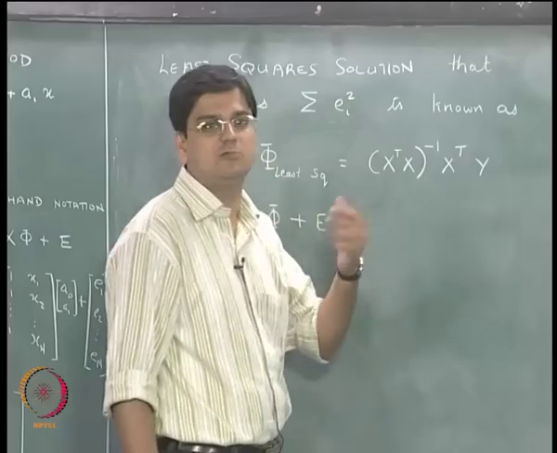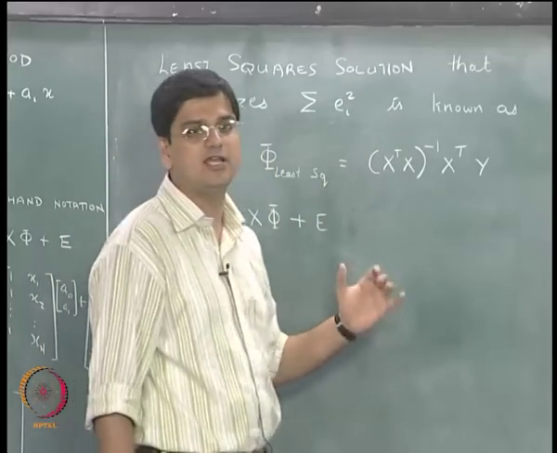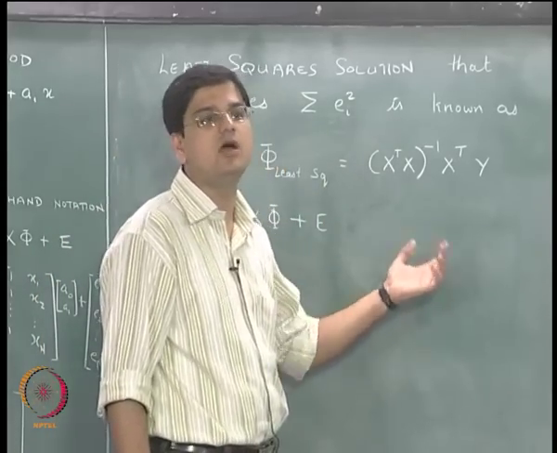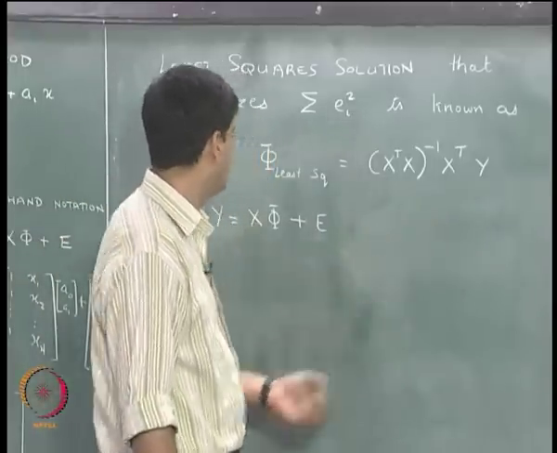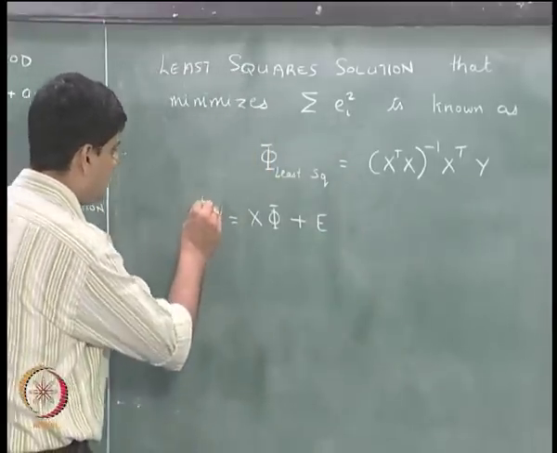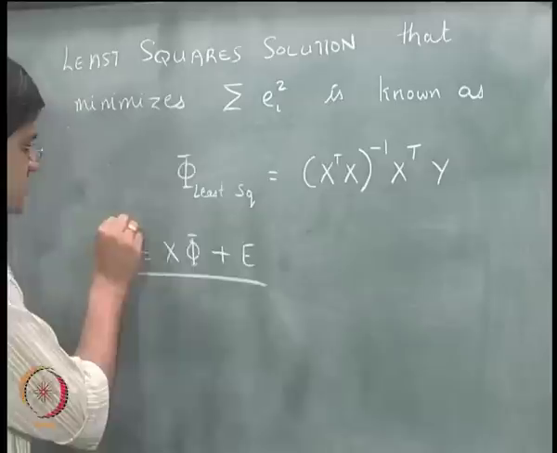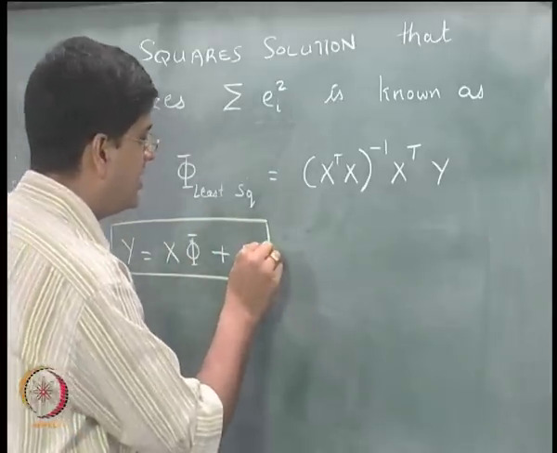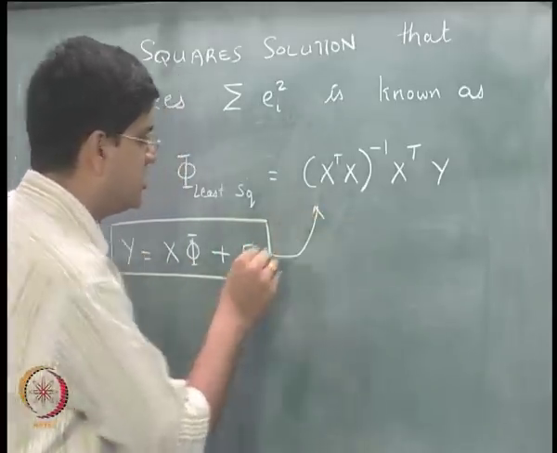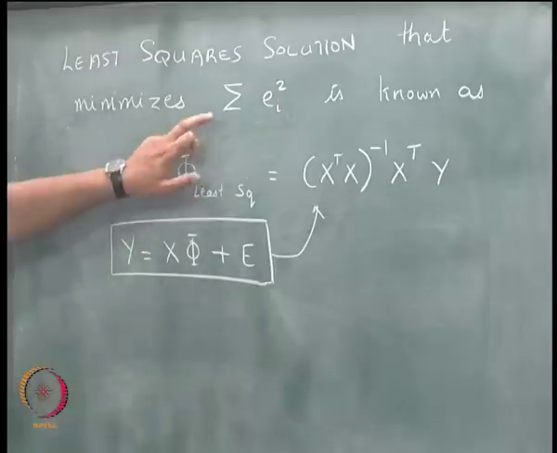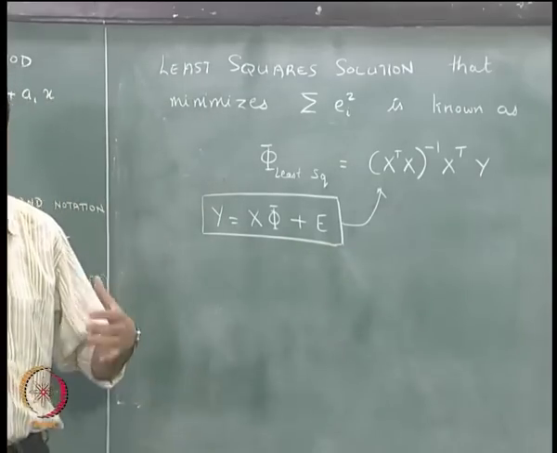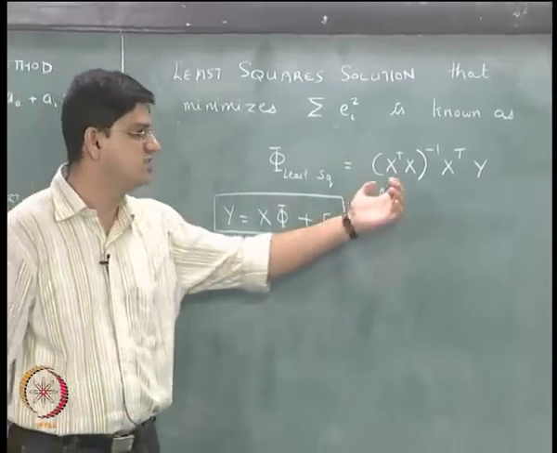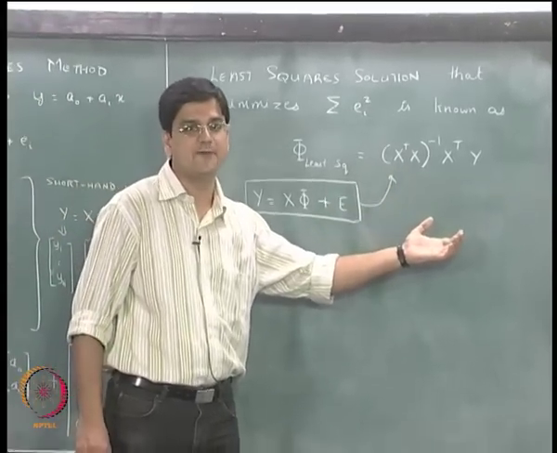This LM method is usually not required in linear least squares problems, but in non-linear least squares problems this LM method becomes very useful. So for an equation y equal to X times phi plus error E, the least square solution that minimizes the sum of square error is given by this particular equation, and that is independent of the size of X and the size of y, okay.